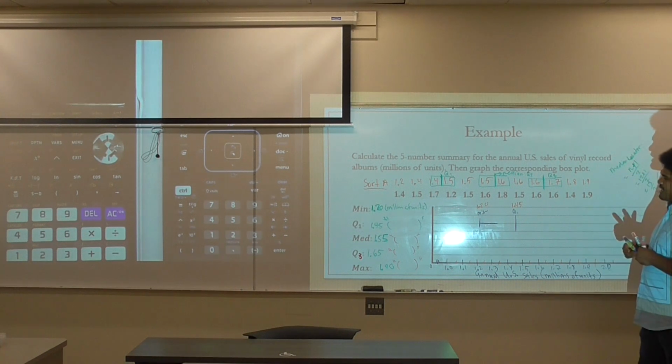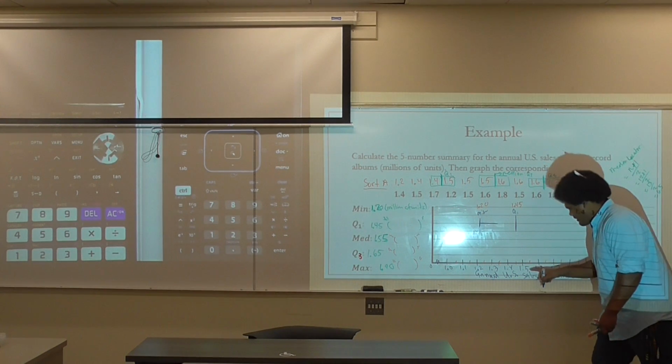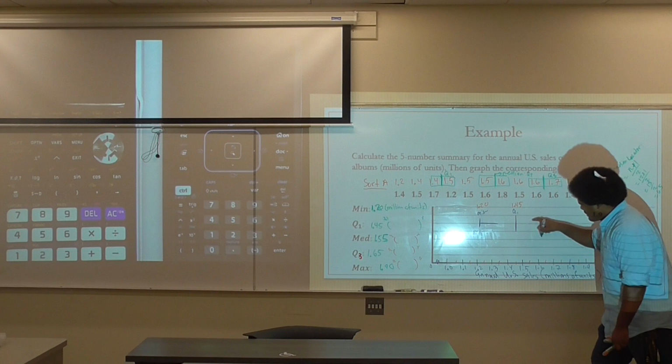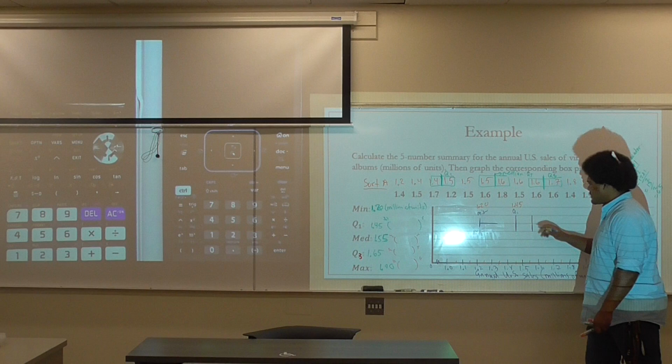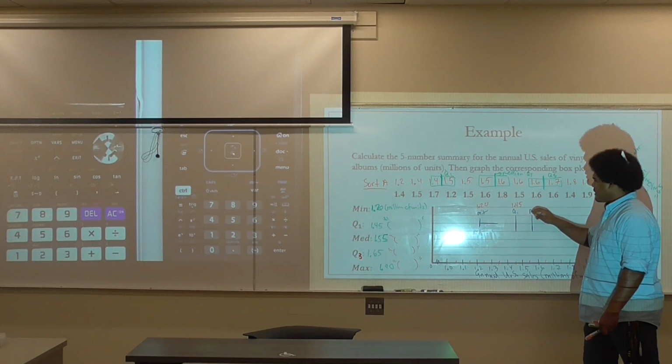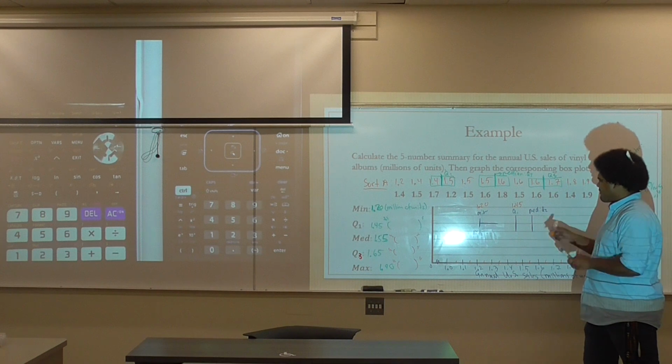The next one over we're seeing is supposed to be at 1.55. Well, 1.55 is right here, so I could draw this little spot right there. This is your mid, also referred to as Q2, and that's our 1.55.